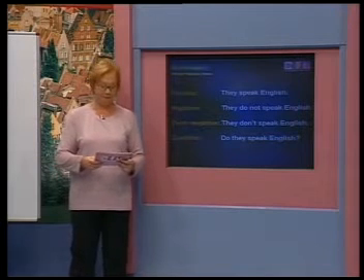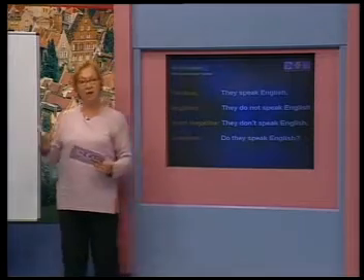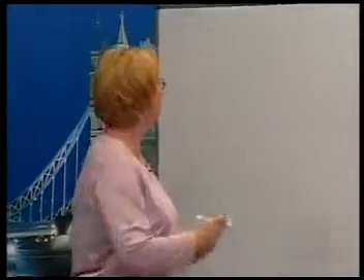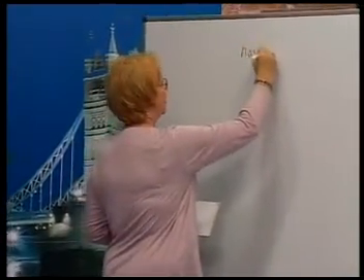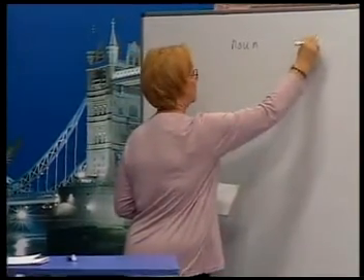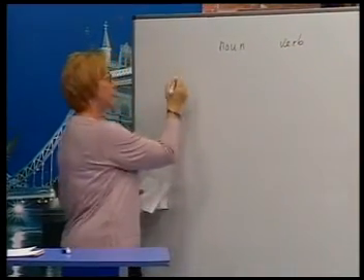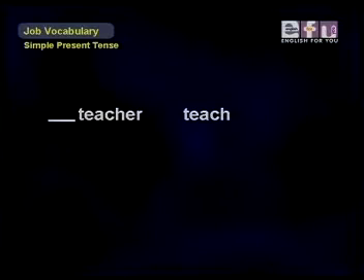All right. Now, we're going to talk about what people say when they talk about their work. For example, we're going to put a noun and a verb together. And we'll also put in the article. So, for example, teacher is the noun, and the verb is teach.